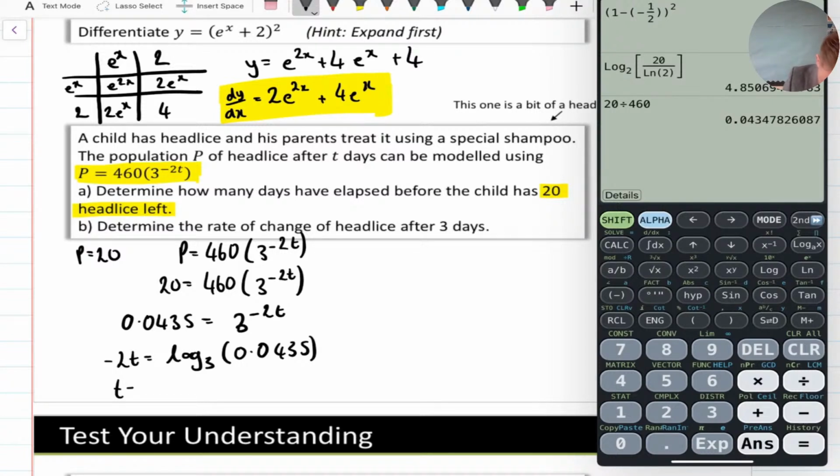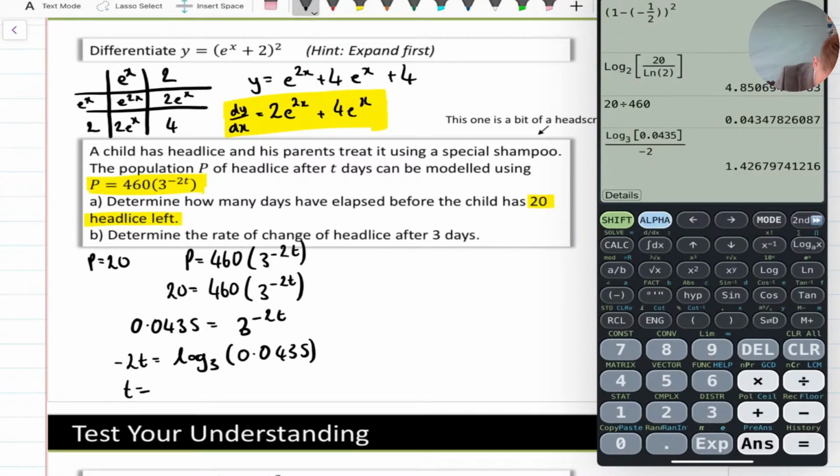So t is equal to, let's type it all in. Fraction button first. Log base 3 of 0.0435 all over minus 2, t is equal to 1.43 days.